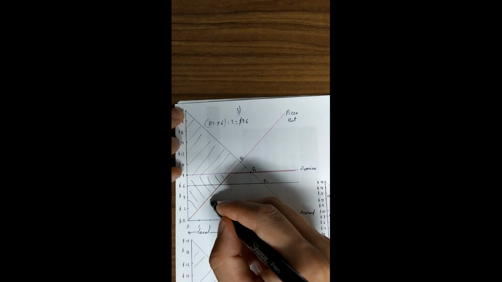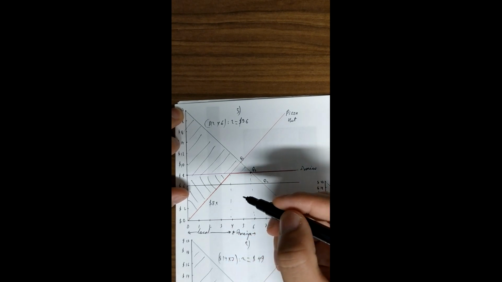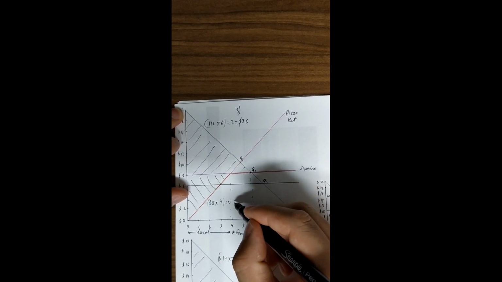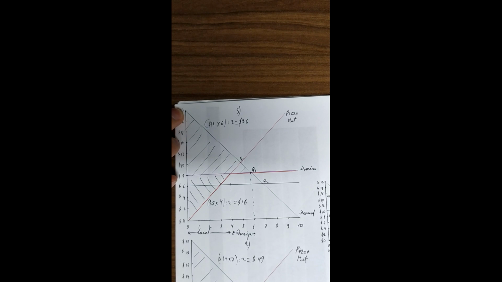It is 8 times 4, divided by 2. This is $16 area. So our producer surplus actually increased by $7. Yeah, it's kind of helpful for Pizza Hut, but it is harming Domino. Yeah, Domino is harmed by the tariffs.